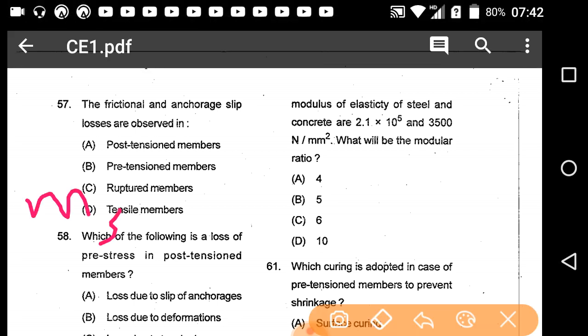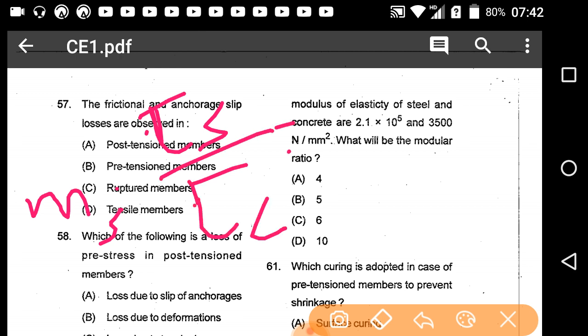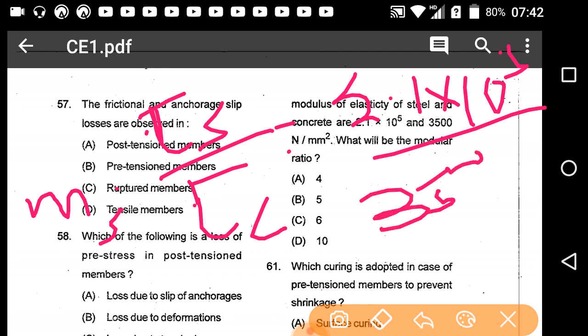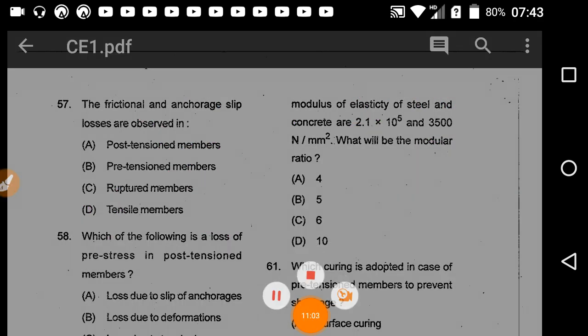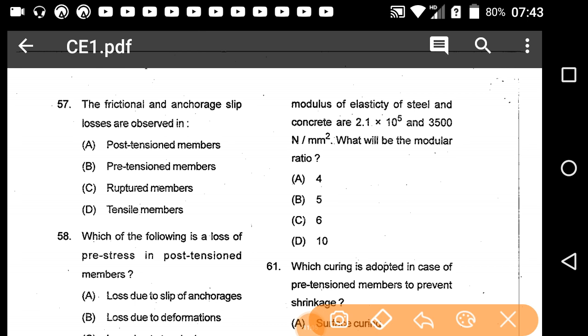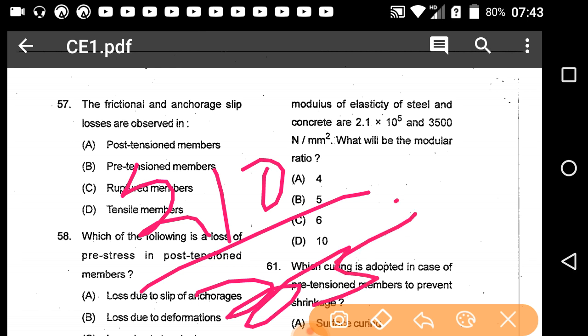Modular ratio equals elasticity of steel by elasticity of concrete, which is 2.1 × 10^5 by 3500. It will come as option C, that is 6, that is 210 by 35.